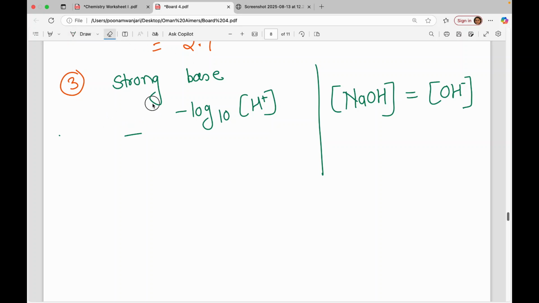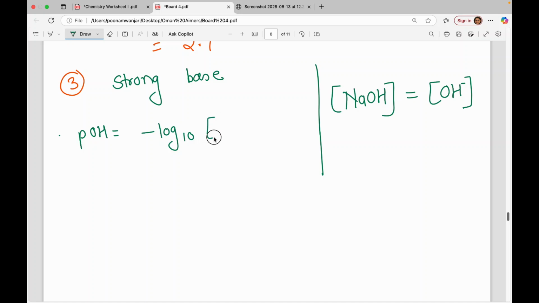So for this purpose we have to use another formula, and that formula is pOH is equal to negative logarithm to the base 10 of the OH minus ion concentration.